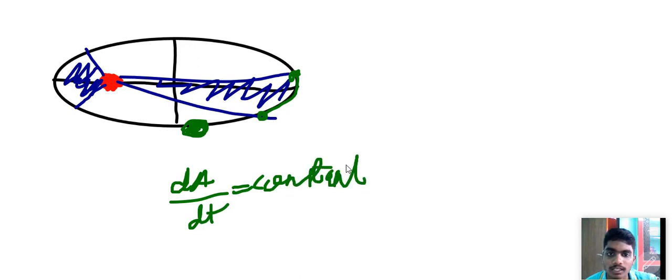And also for this triangle, the area crossed per unit time is going to be the same for both. This is Kepler's second law.